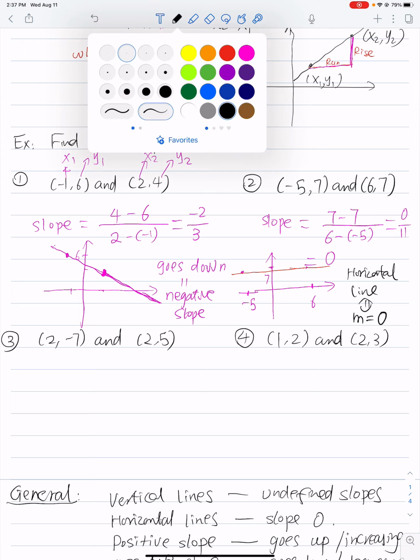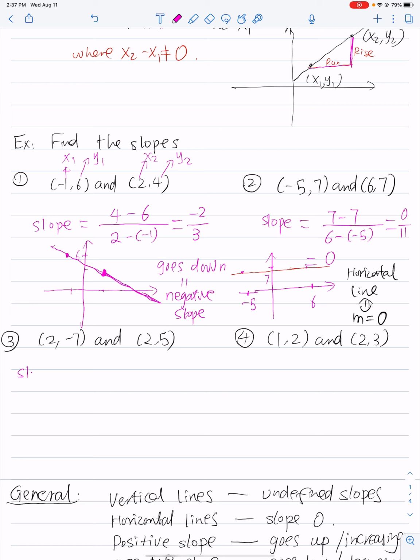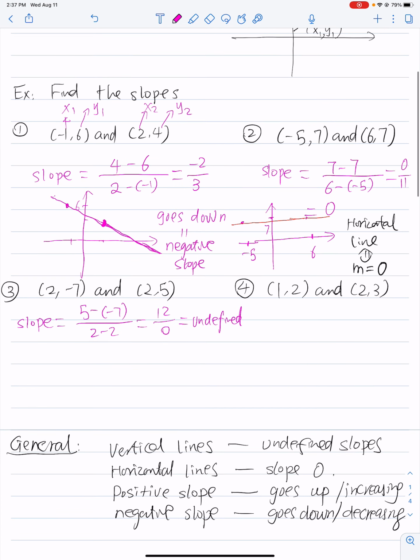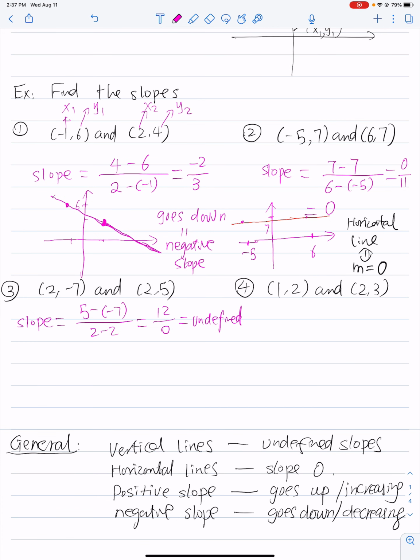So we'll continue. The slope here equals 5 minus negative 7 over 2 minus 2, which is 12 over 0. Anything over 0 is what? Undefined. Okay, be careful, undefined. When you draw the picture, what will you do? Let's look at the picture.